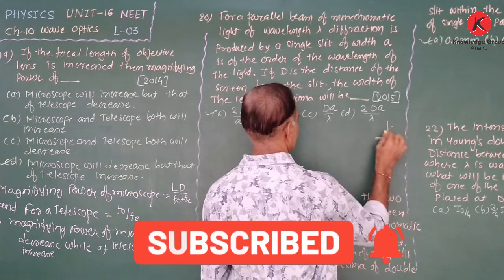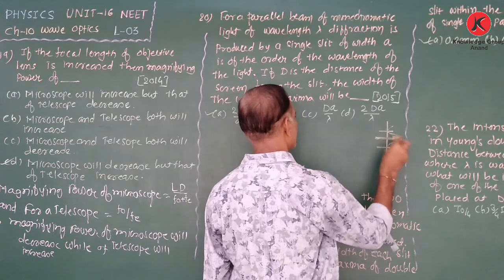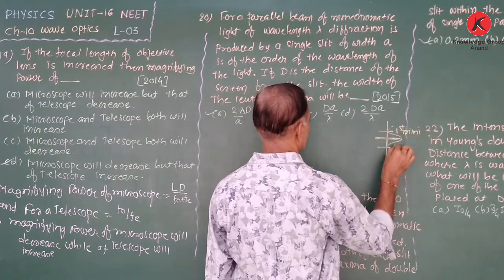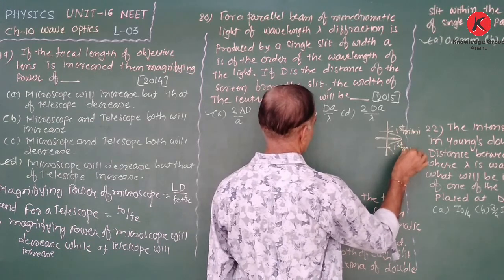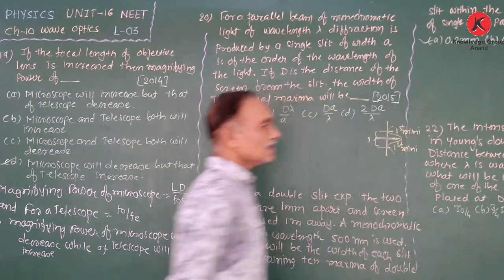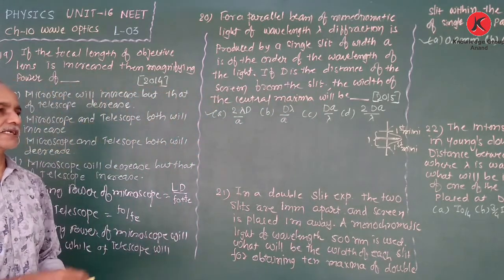The width of the central maxima is the distance between the first minima on either side. This distance gives the width of the central maxima.